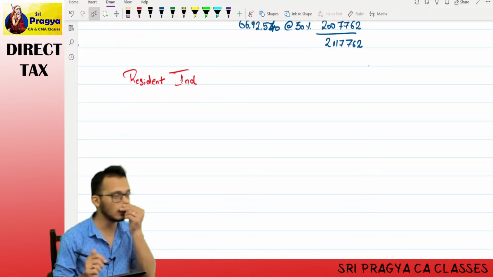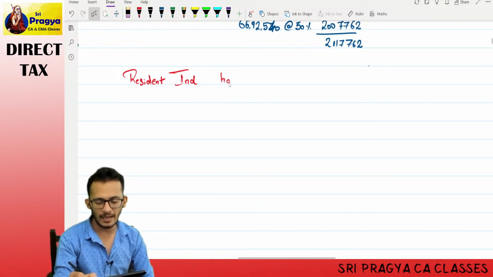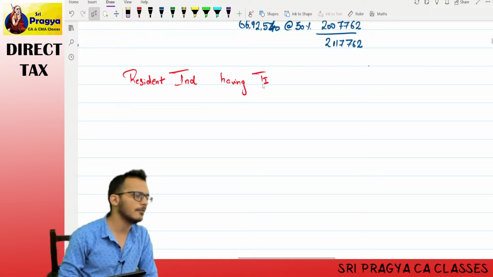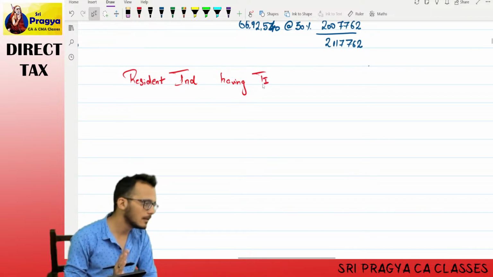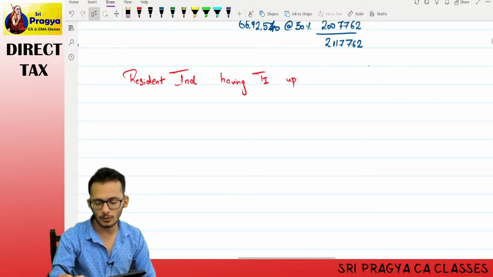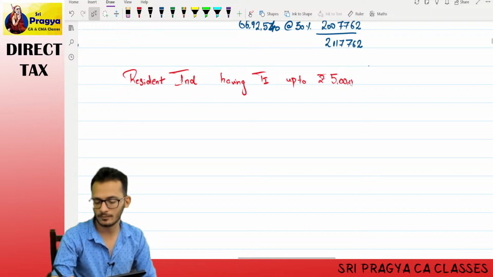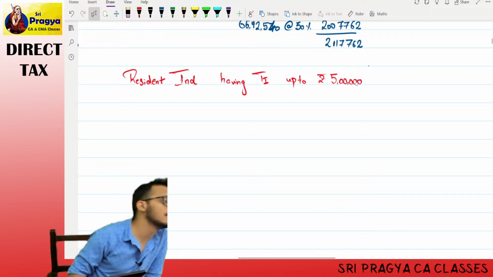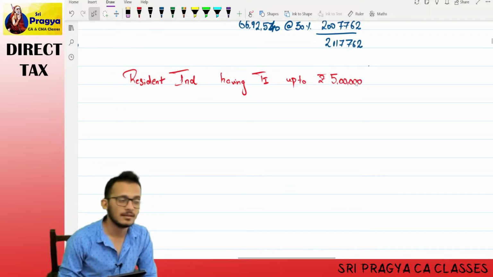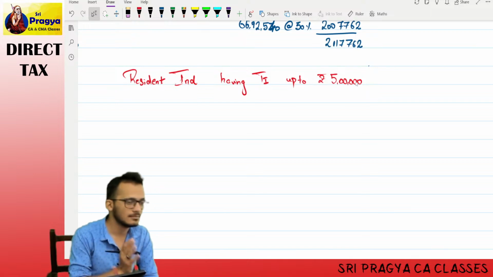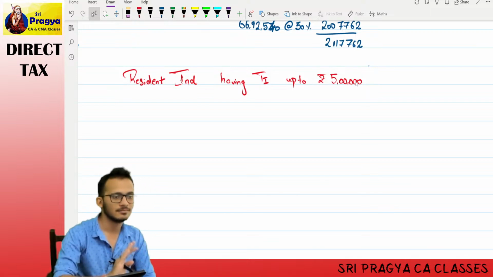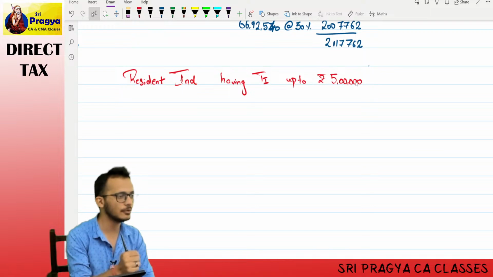Income tax says, if you are found to be a resident individual having income, whenever I use the word income, it means total income up to rupees 5 lakhs, you are called poor. Income tax does not say you are poor, I am saying you are poor.